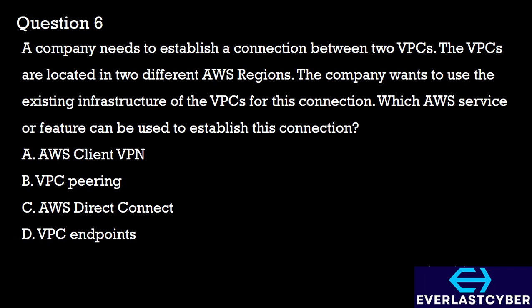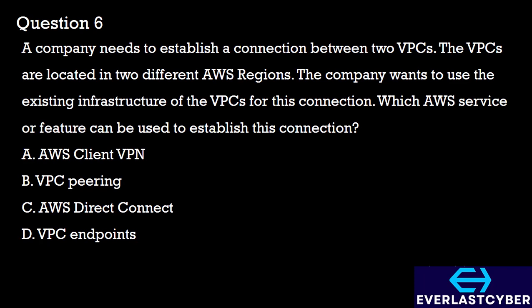AWS Direct Connect is a dedicated network connection from your premises to AWS, and it is usually used for low latency connections to AWS, but it does not connect two VPCs directly. VPC endpoints allow you to privately connect your VPC to supported AWS services without going over the public internet, but it does not connect two VPCs.